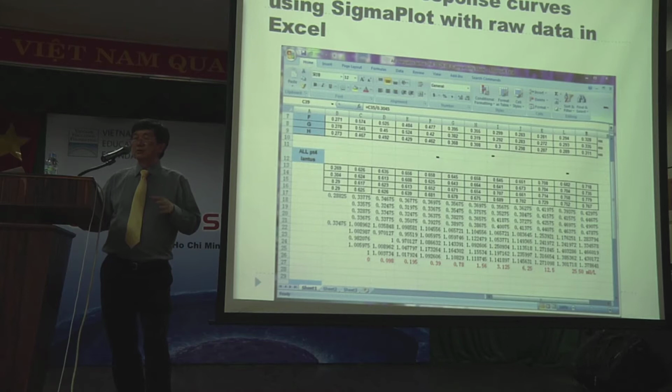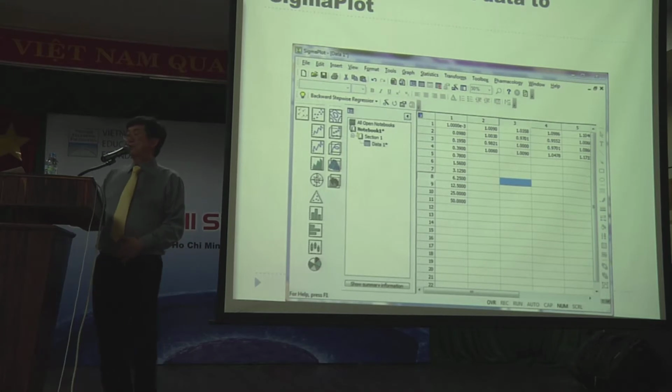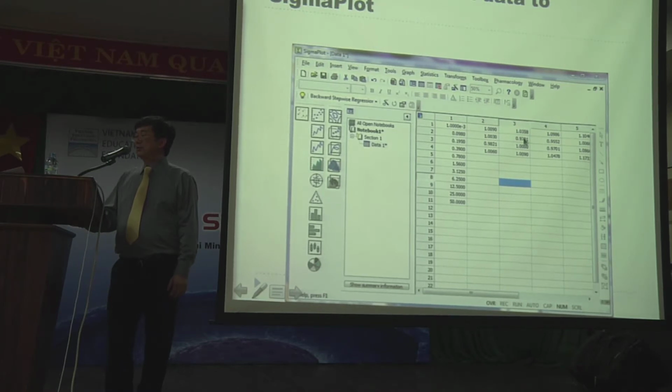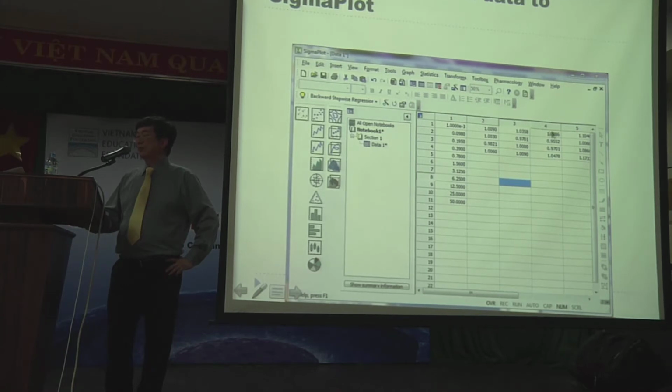So from here, when you take the measurement, the machine produces this Excel file. From this Excel file of raw data, you can cut and paste, copy into SigmaPlot. These are the individual data for wells of the same group, the wells that are exposed to the same concentration, so you line them up in order.